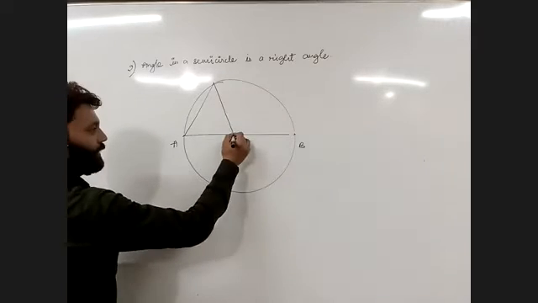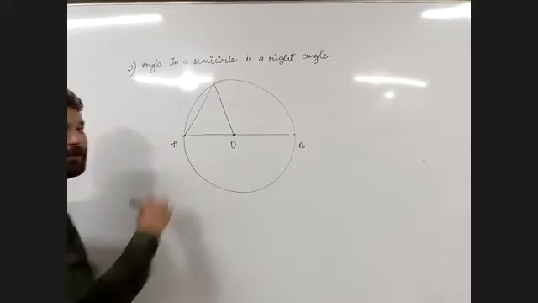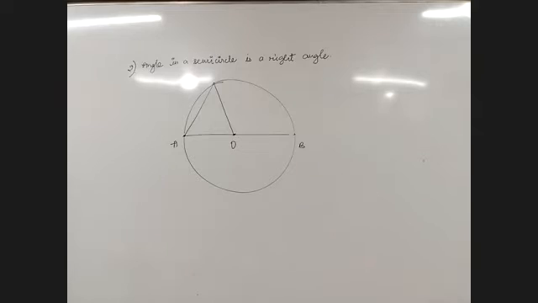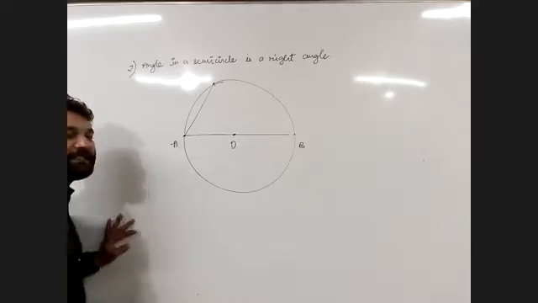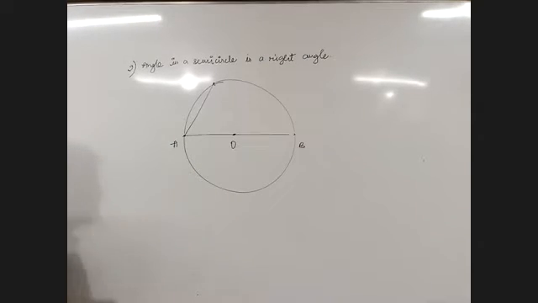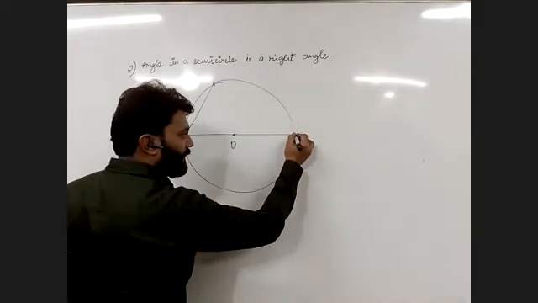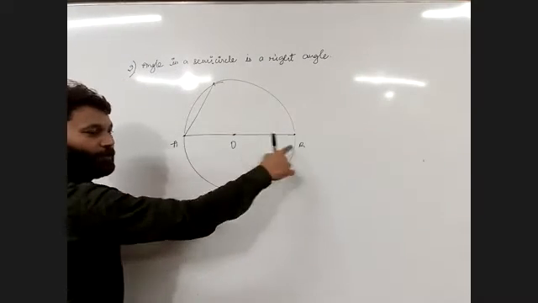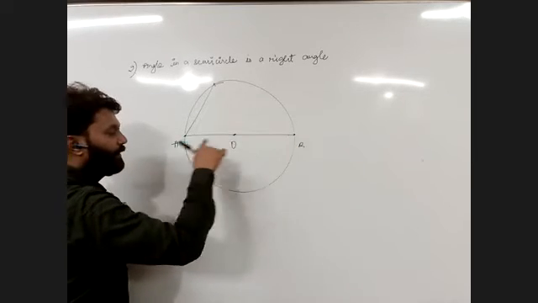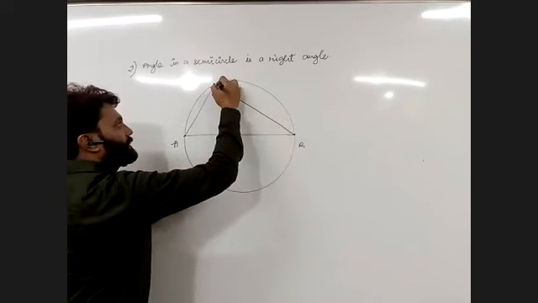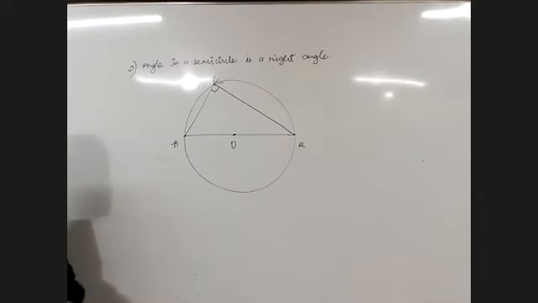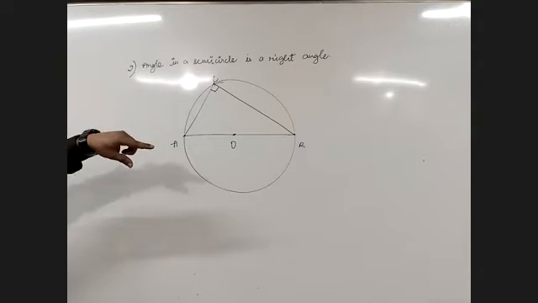Both ends of the diameter, then only it will be a semicircle. For a semicircle, it is mandatory that the chord should be a diameter. So if AB is the diameter, then the diameter will subtend an angle of 90 degrees at the circumference.